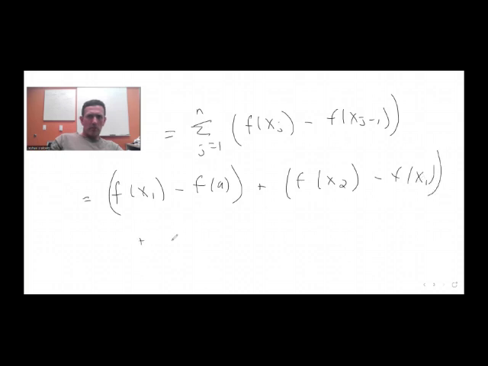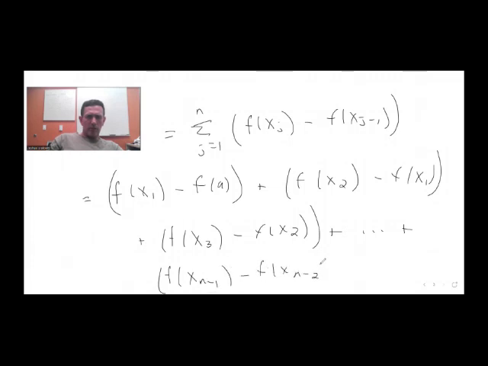I'll write more out here. You get the point here. I'll write the last two: f of xn minus 1 minus f of xn minus 2, and then f of xn is b.